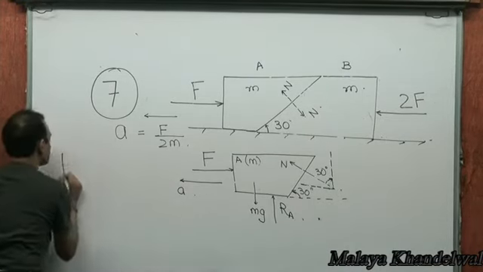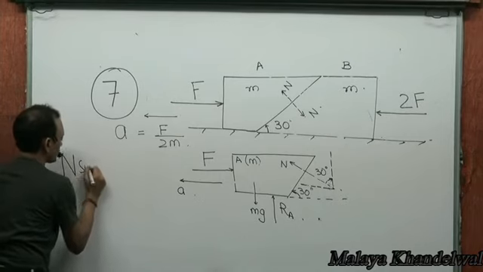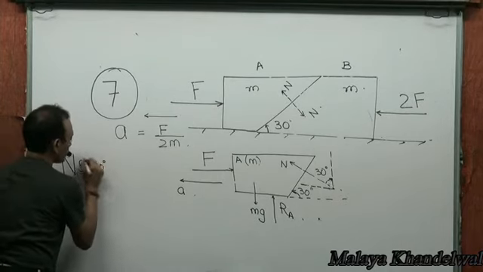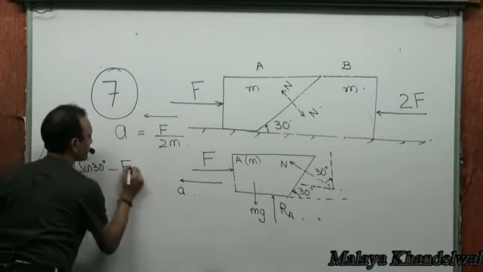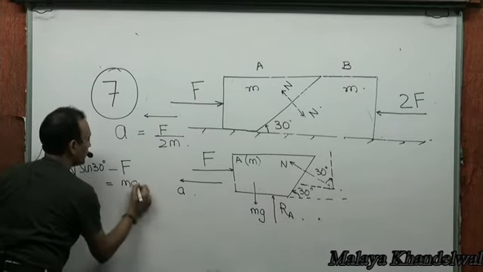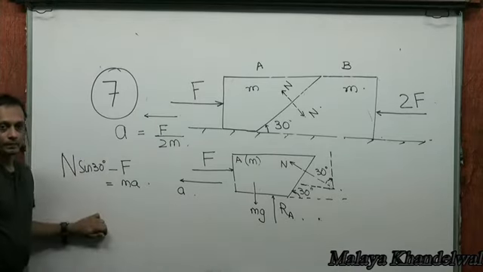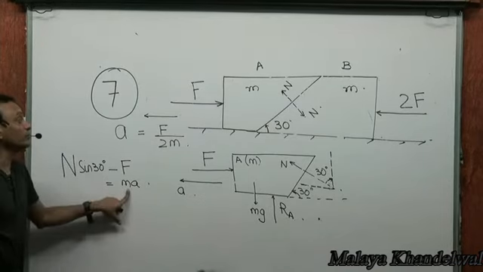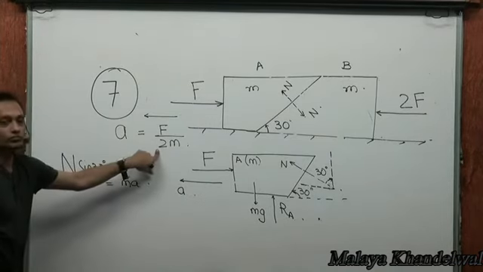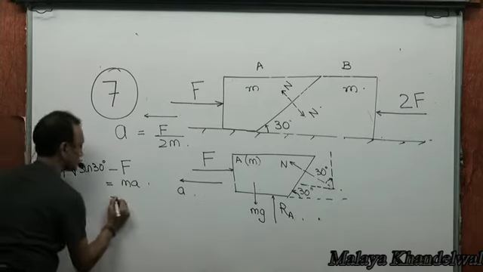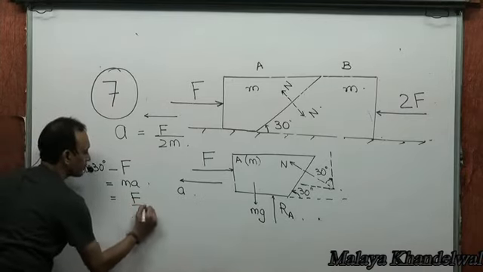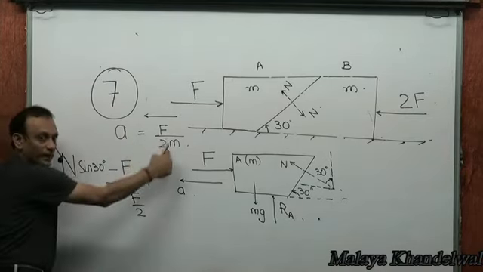So N sine 30 degrees minus F is m into a. A we know. m into a is F by 2. Isn't it? See, m into a is F by 2.